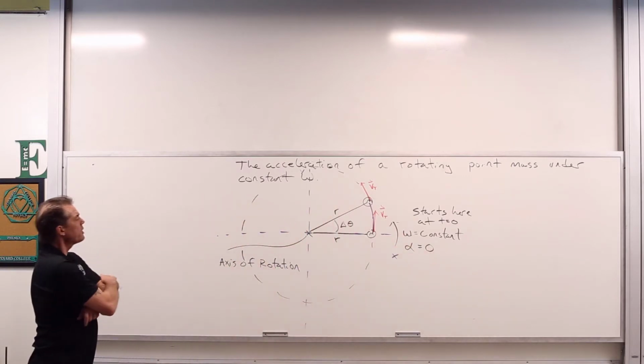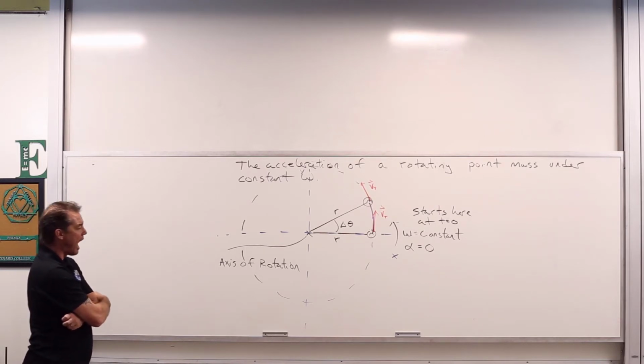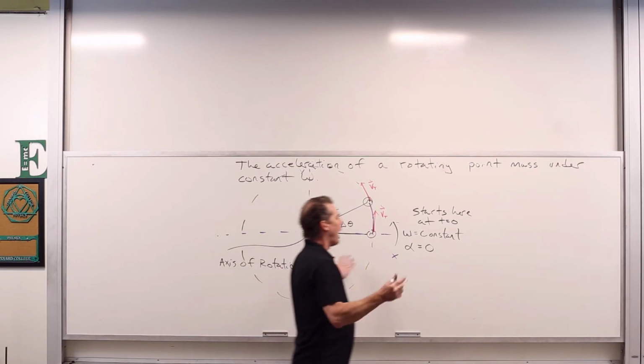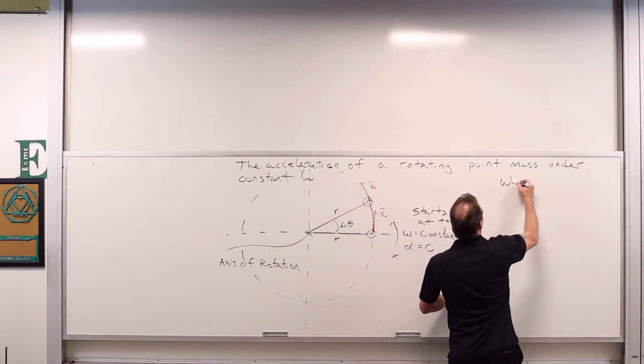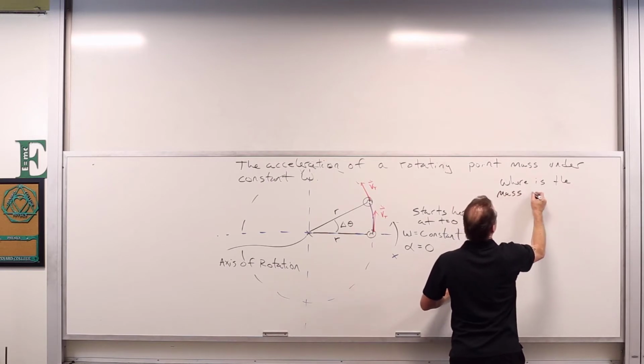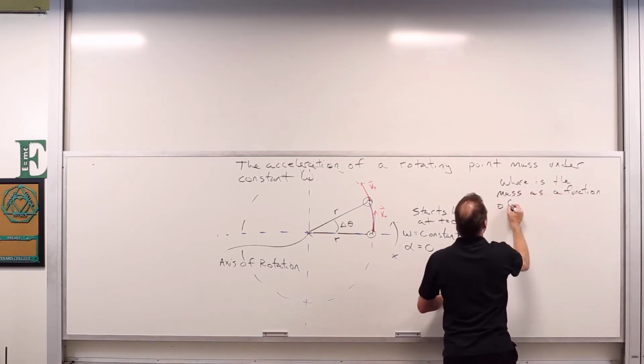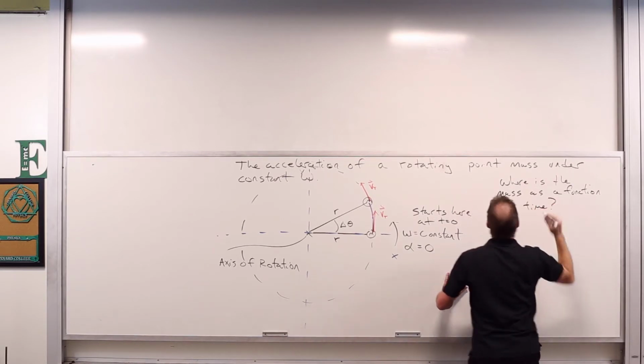All right, so let us first try to get an appreciation of being able to track where this object is as a function of time. So where is the mass as a function of time?